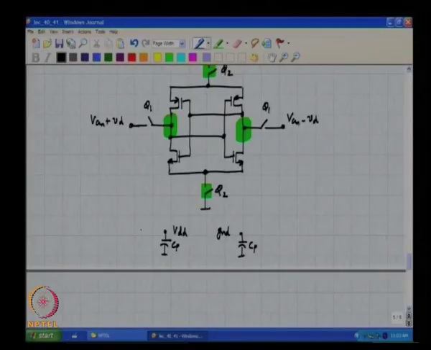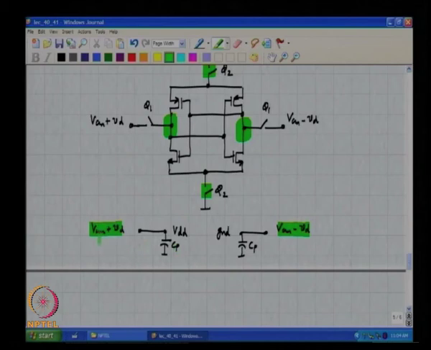So, what we have is this scenario where we are attempting to write VCM plus VD and VCM minus VD. In principle, if these voltage sources are ideal voltage sources, there is no issue, because the time taken to charge this capacitor is 0.